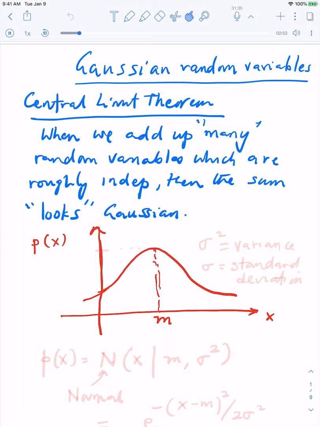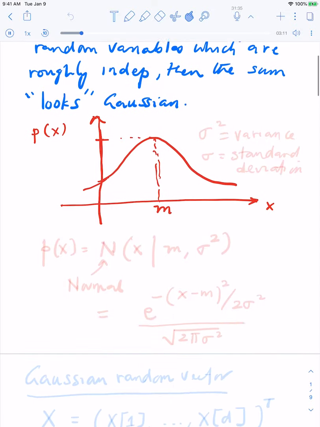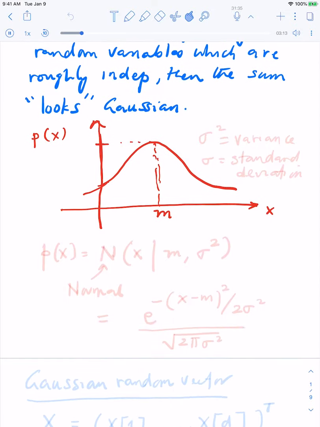So that's what a Gaussian random variable looks like. If I look at the max here, the speed at which the density decays away from the max depends on the variance. So let me just write down without further ado the form of the density.